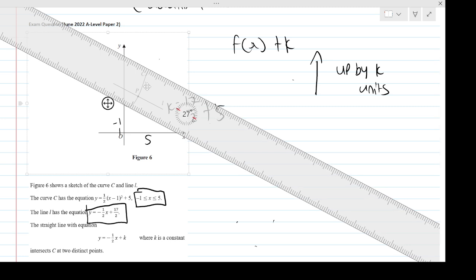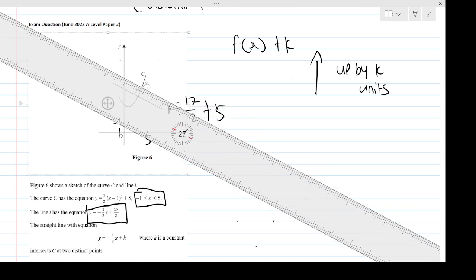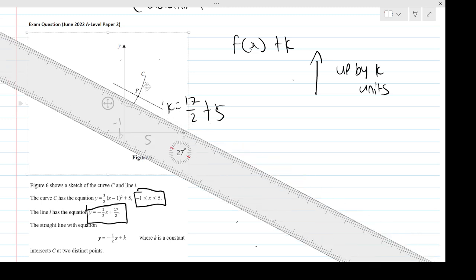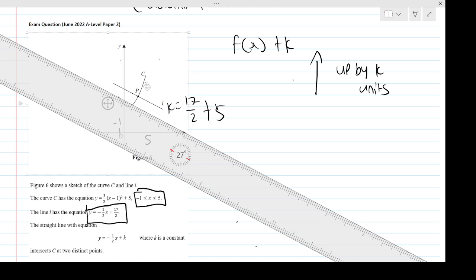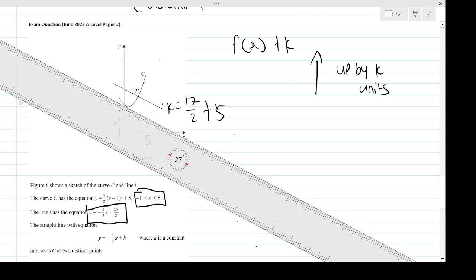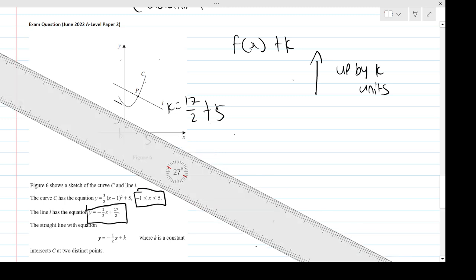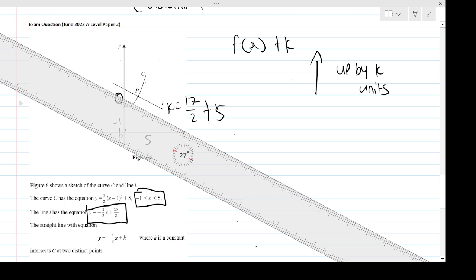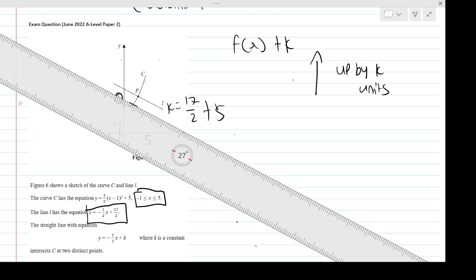So actually, we need to move down. And if we keep moving down, eventually you should notice it crosses the furthest left point there. Because then if you match it there, it's going to cross there, but also at this point here, right? So that's when it starts crossing at 2 points.